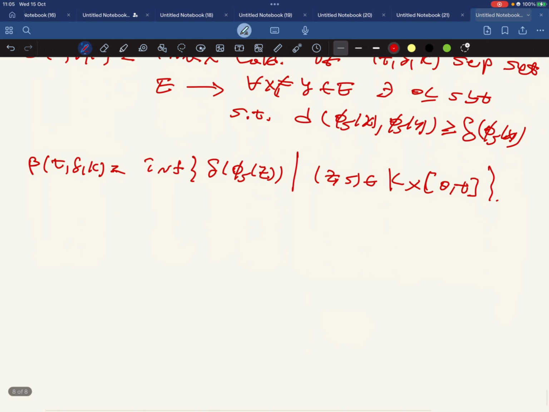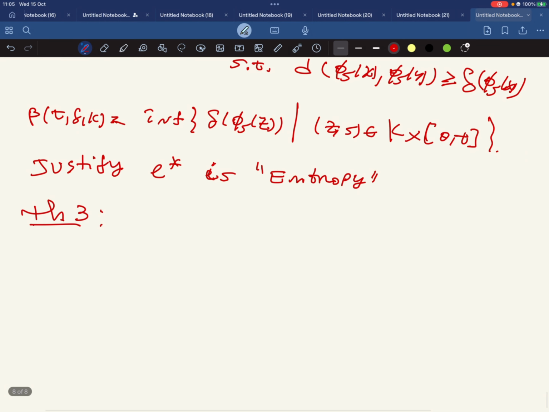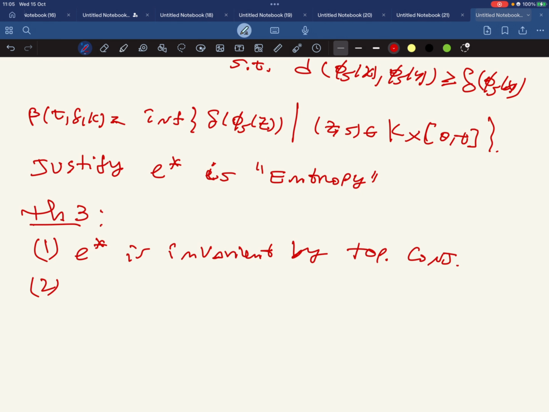To justify the name, we justify that A star is entropy-like, is an entropy, by the following theorem, Theorem 3. First, A star is invariant by topological conjugacy. The second is that A star equals the entropy if the space is compact.